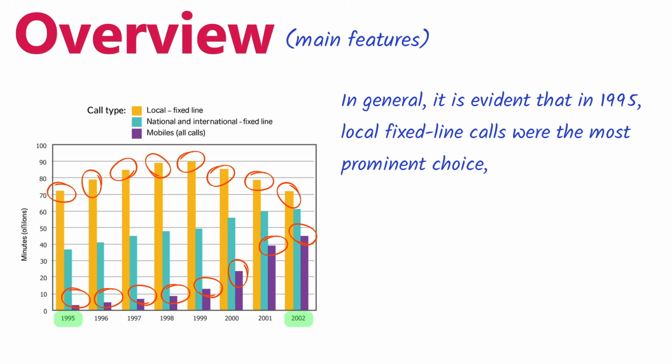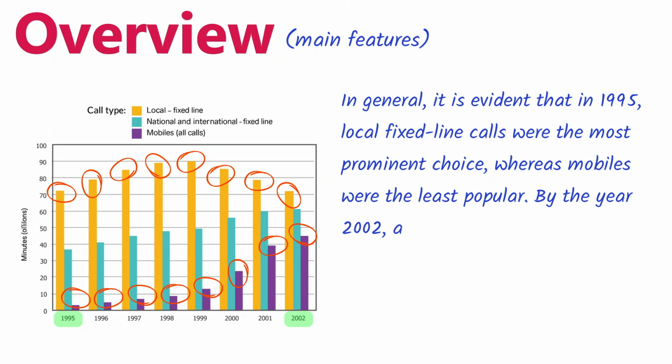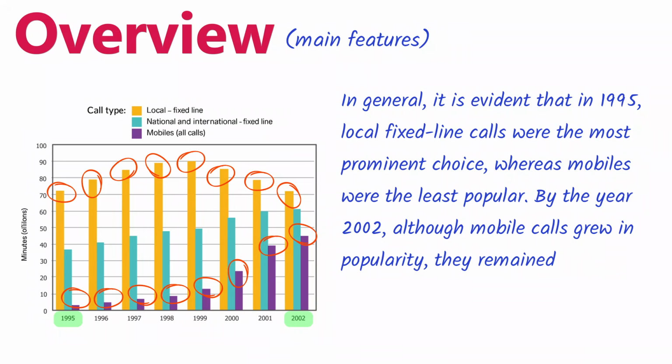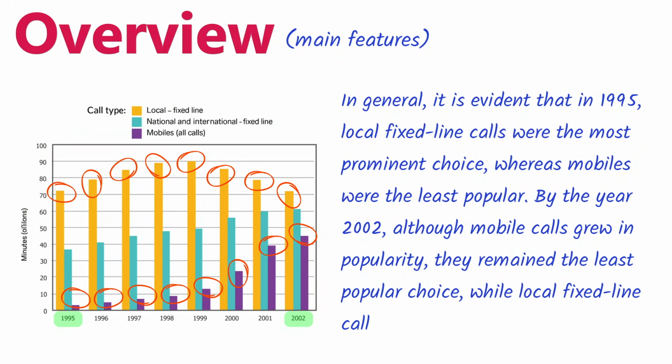Were the most prominent choice, whereas, because I'm talking about the least, I write here, whereas mobiles were the least popular. Now, by the year 2002, although mobile calls grew in popularity, they remained the least popular choice, while local fixed line calls maintained their top position.